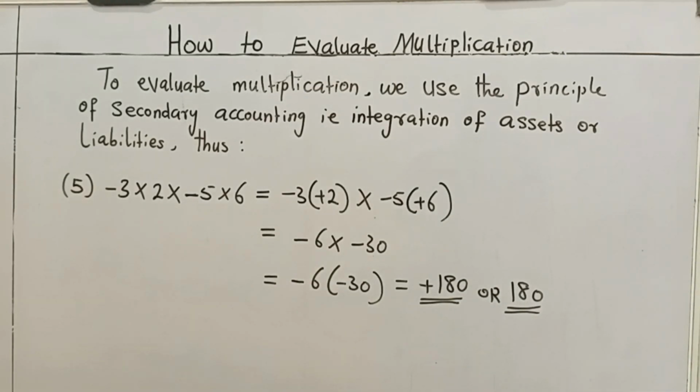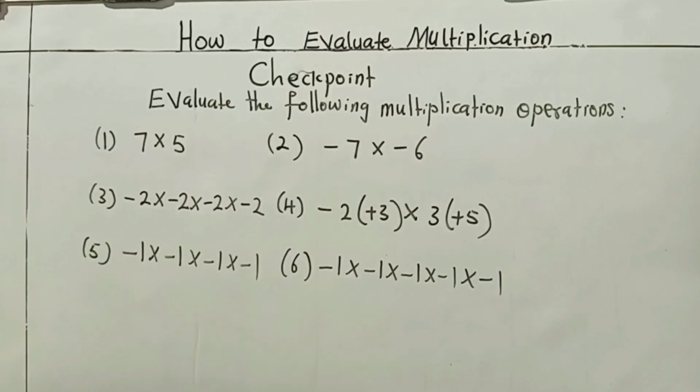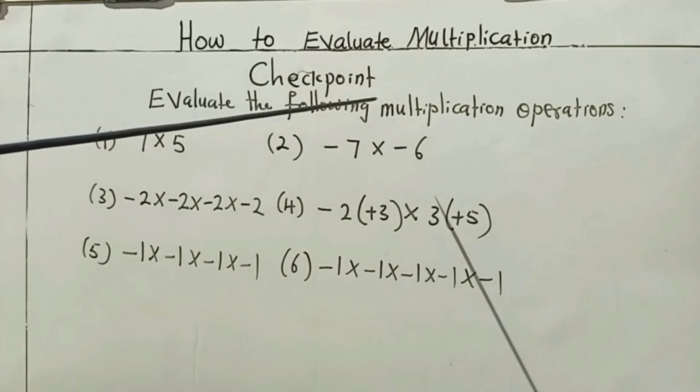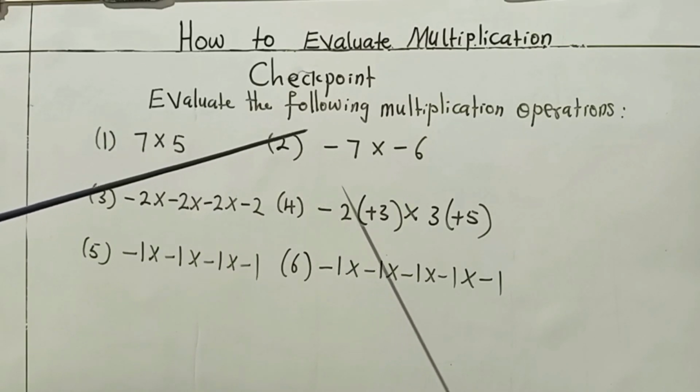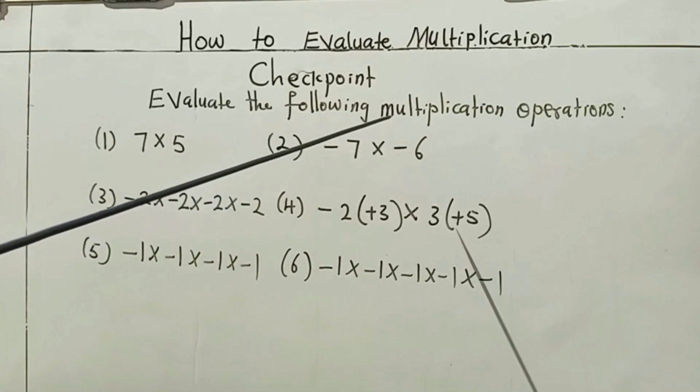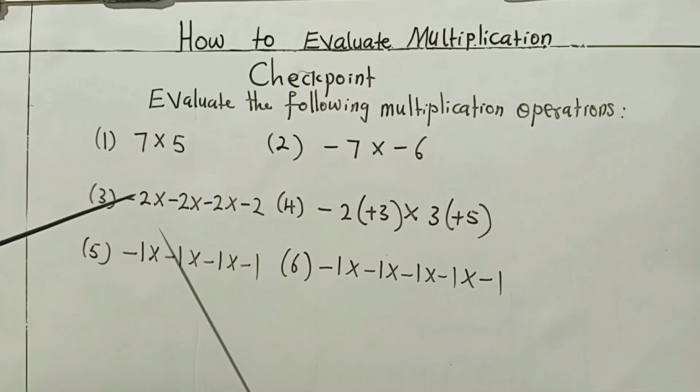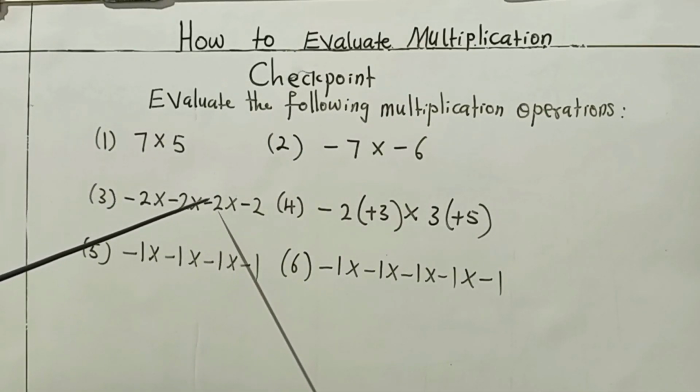All right, please look out for an exercise and check whether you can carry out the multiplication accordingly. And that's the checkpoint. It says, evaluate the following multiplication operations. They are: 1, 7 times 5. Number 2, minus 7 times minus 6. Number 3, minus 2 times minus 2 times minus 2 times minus 2.